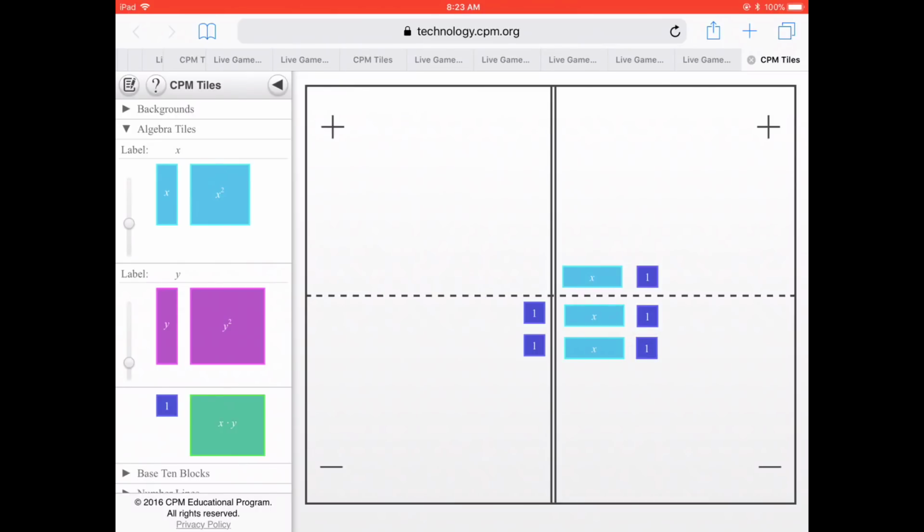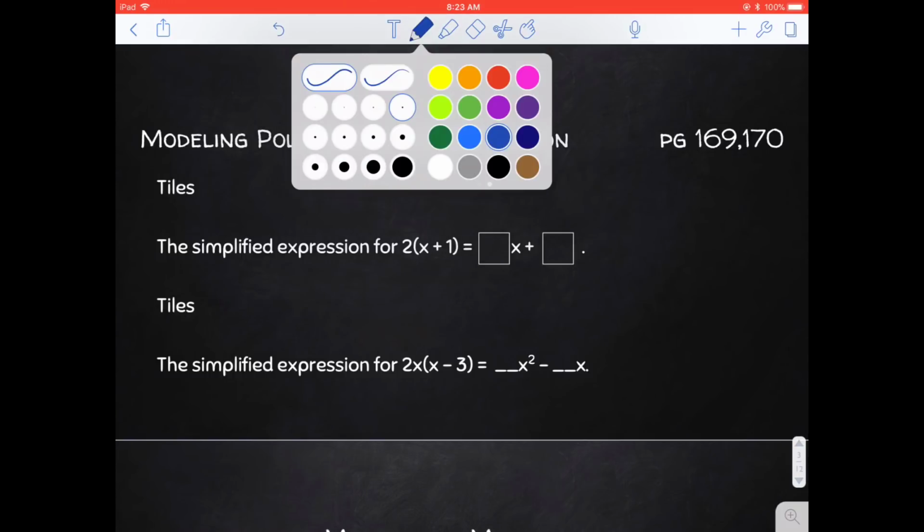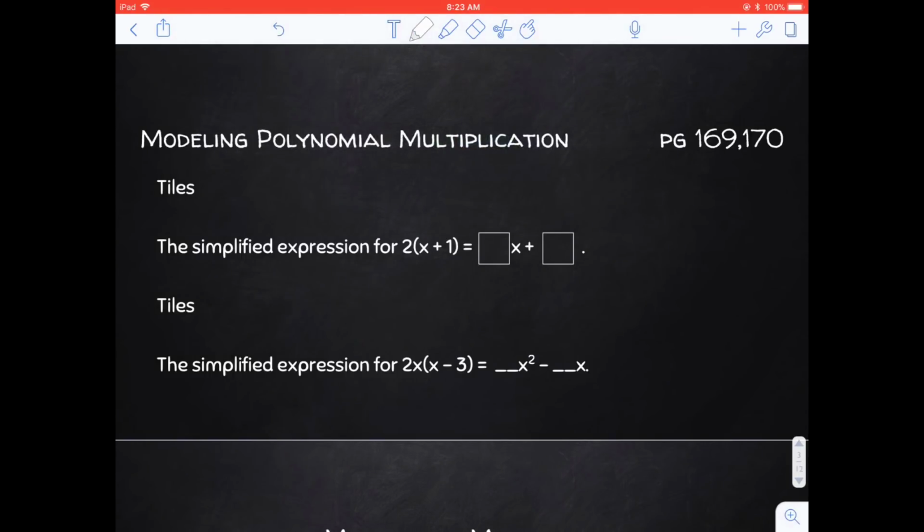And so when we look at what's left over there, we count how much we have. So we have 2 x's and 2 1's. So then we would say that 2x plus 2 would be our answer. So let's go back and look at that here. And as you can see, as we distribute this, so we've talked about that idea before, that's where our 2x comes into play, and 2 there comes into play.